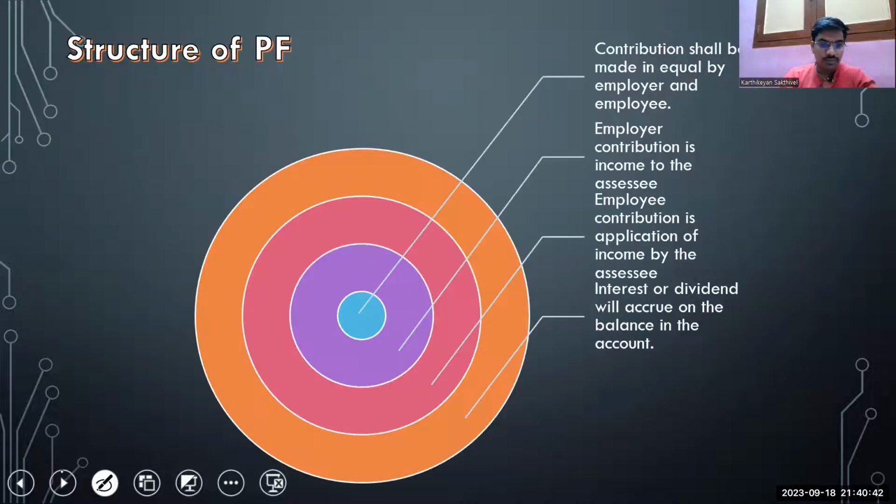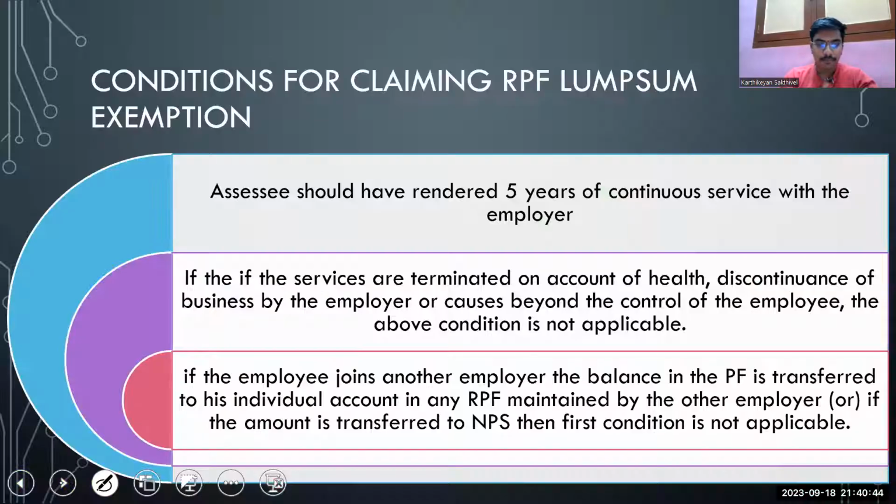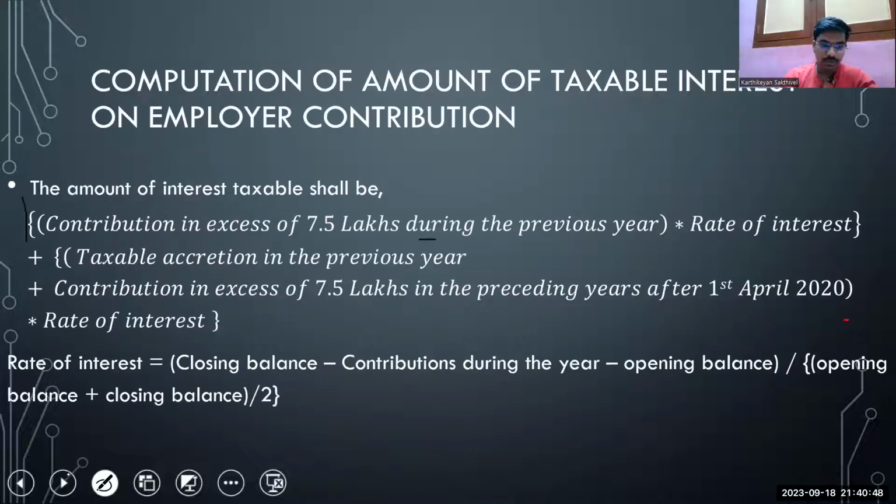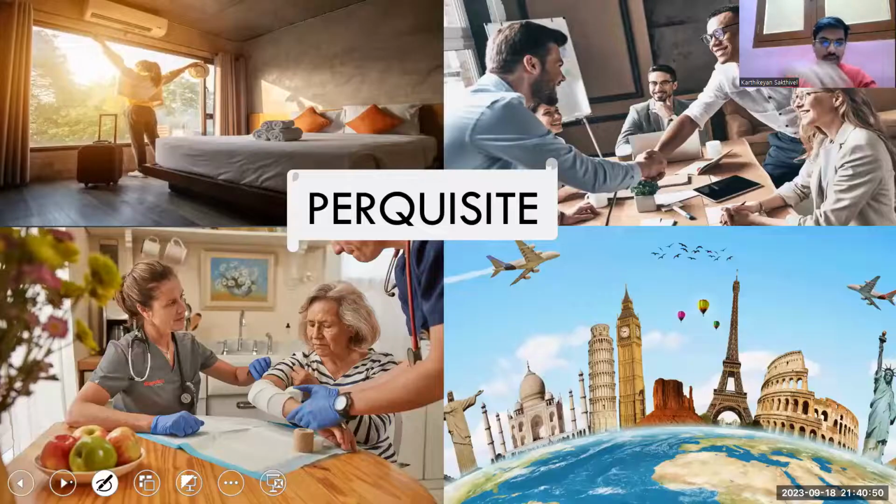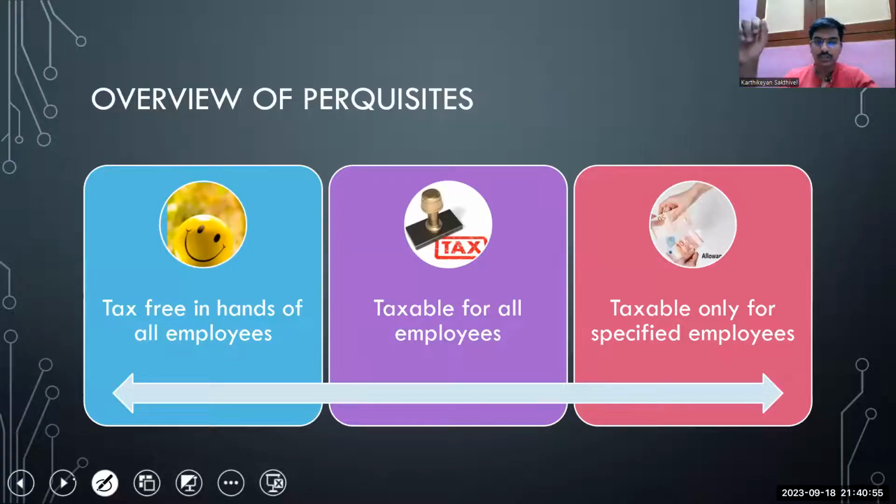So we have just completed the retirement benefits, and now we have to move to perquisites. This is the last part of the chapter. It is split into three parts. First is tax-free perquisites in the hands of all employees. Next is taxable perquisite in the hands of all employees. And the third is taxable perquisite only for specified employees.